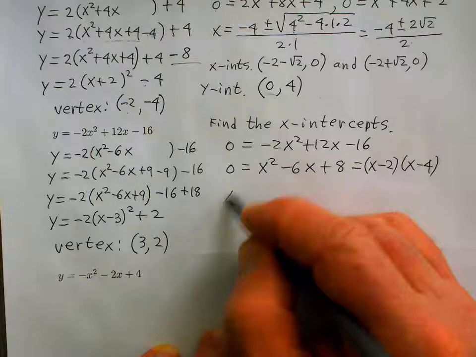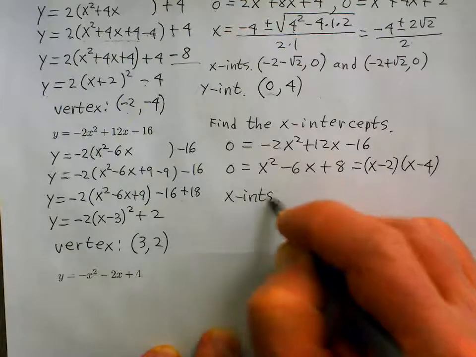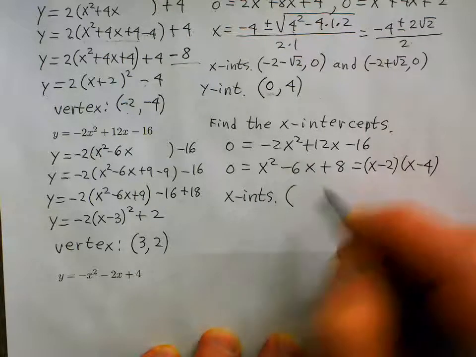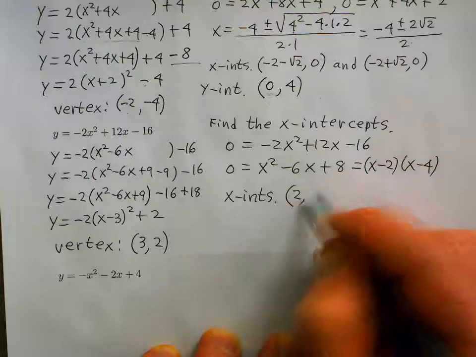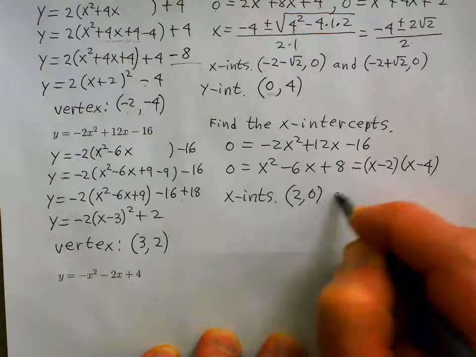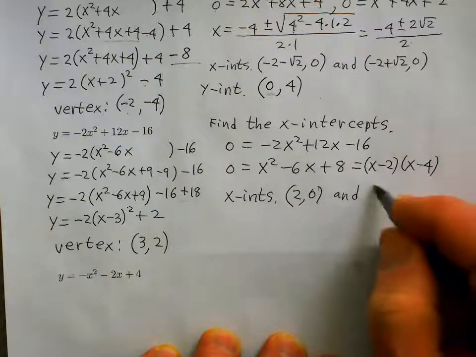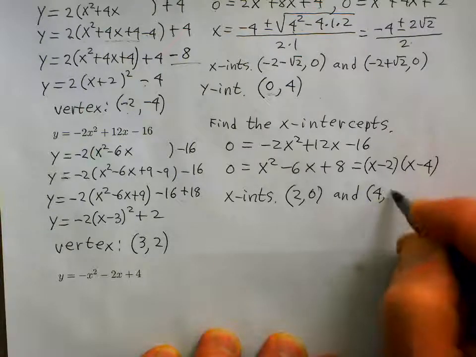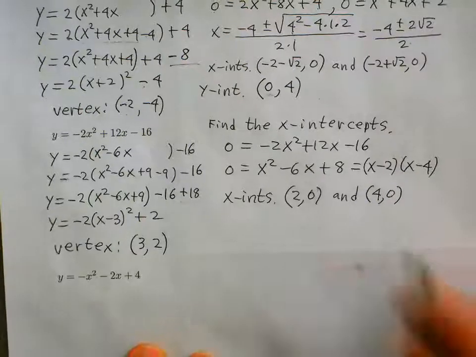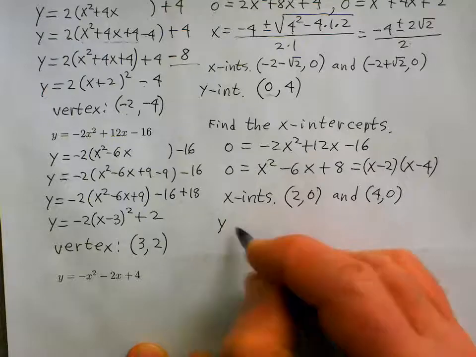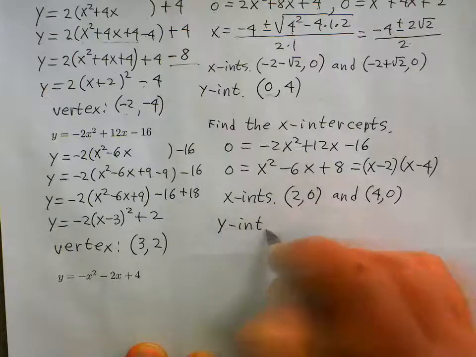So the x-intercepts, which are ordered pairs, one x-intercept is the ordered pair 2, 0. The other x-intercept is the ordered pair 4, 0. And let's find the y-intercept while we're at it.